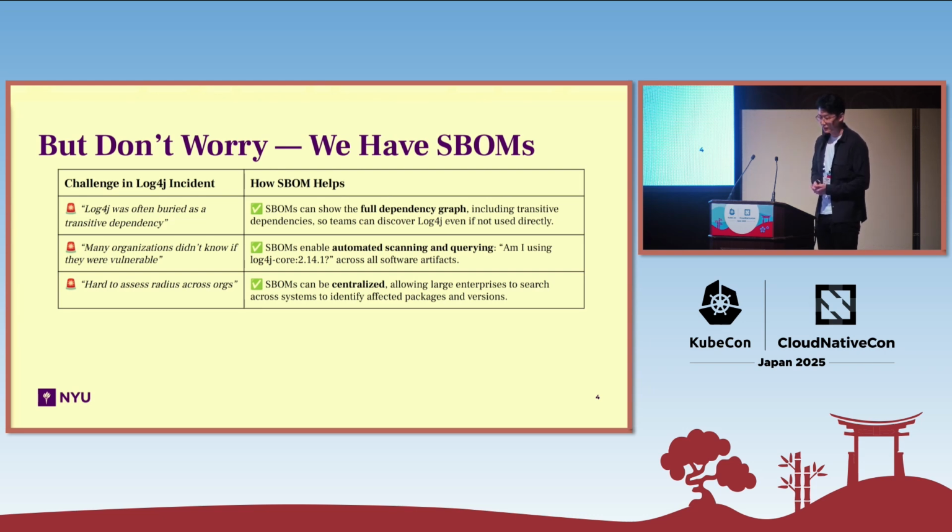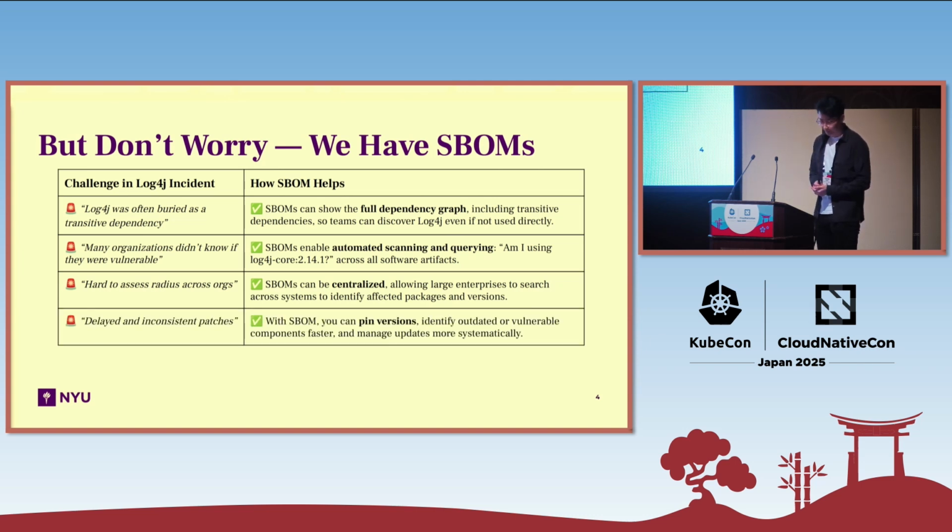SBOMs that are centralized across an organization let you scale analysis. You can quickly identify which team, system, or business unit was exposed. Fourth, patching was delayed and inconsistent. With versioned SBOMs, you can detect outdated components faster and track patch rollouts more systematically. You're not waiting for someone to notice. It's visible in the metadata.